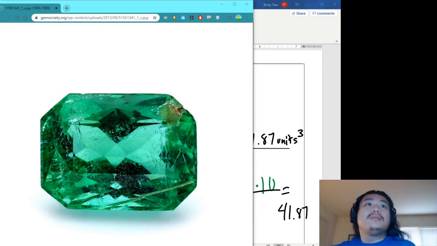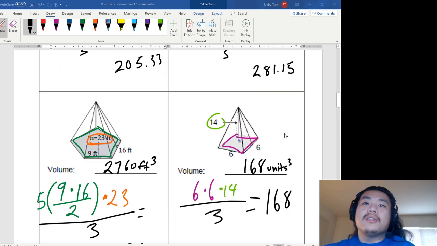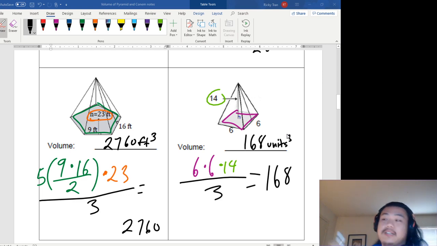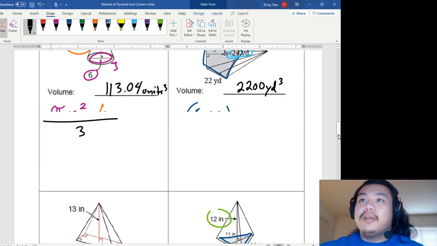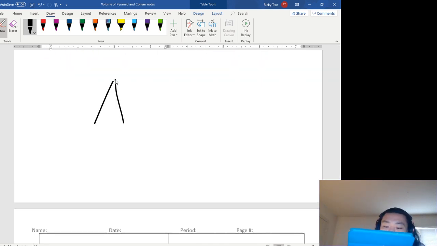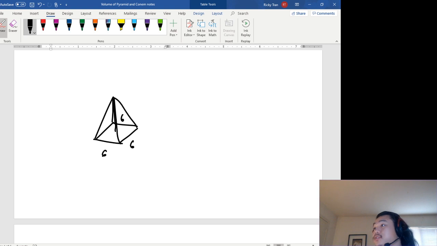Let me show you. So if I had, say, a pyramid like so, and this is 6 here, and this height is actually 6 inches.